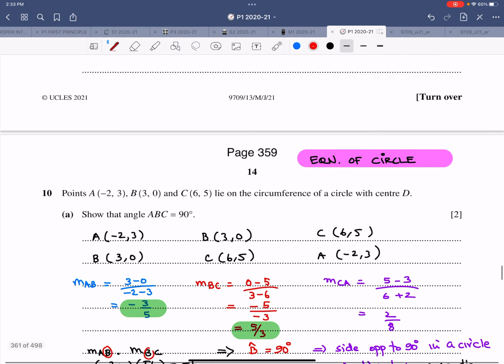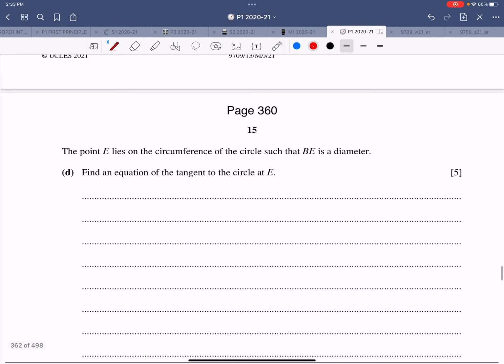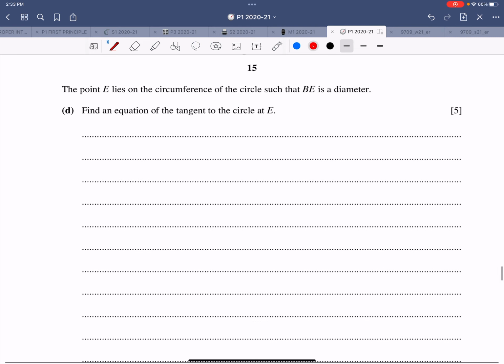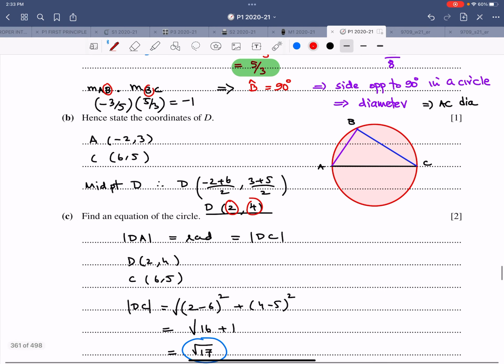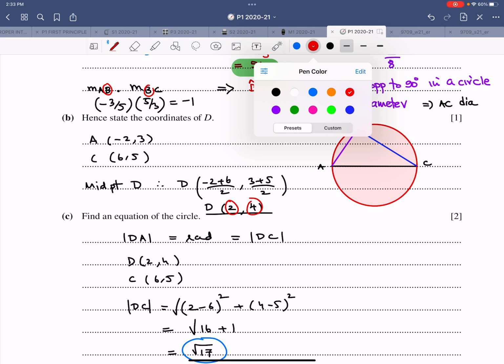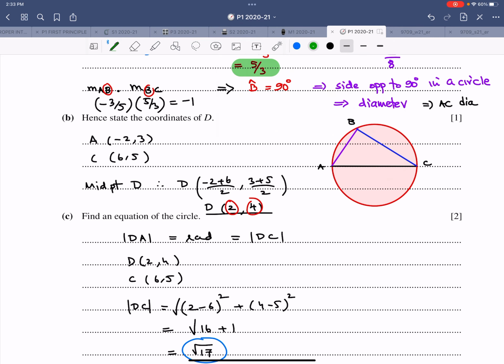What else are they asking for? The point E lies on the circumference such that BE is the diameter. So now B and E could be the diameter. So let me draw another line. Let me draw a green line. And let me first label this thing to be D. And let me now label a line like this.